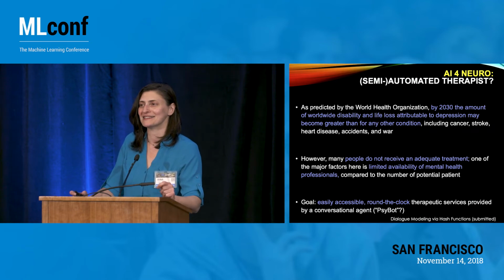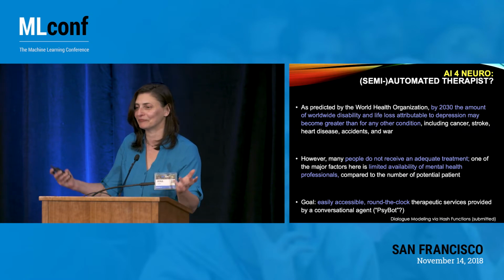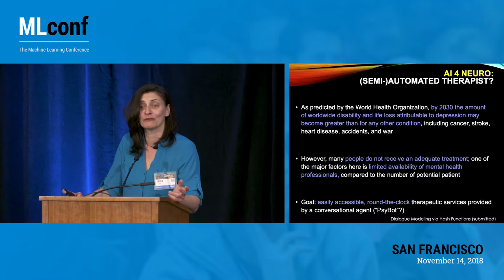And in this case, it actually tries to address the issue of automated therapy. It's needless to say, there are quite scary numbers in terms of prediction of worldwide disability and life loss attributable to depression, which may become greater than for any other condition, including cancer, stroke, heart disease, accidents in war, by 2030.